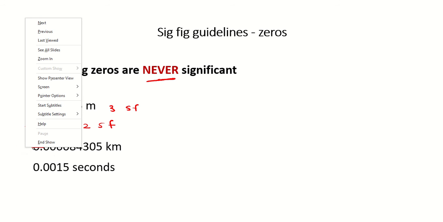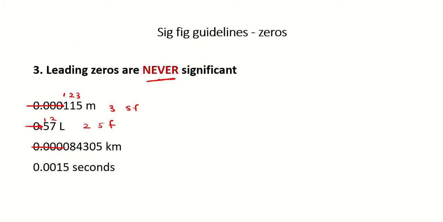So I'm going to draw an arrow until I meet the first non-zero digit, and then I'm going to count the remaining digits. 1, 2, 3, 4, 5, 6 sigfigs. Next, I go through all the leading zeros and find the significant figures. Now this is 2 significant figures.